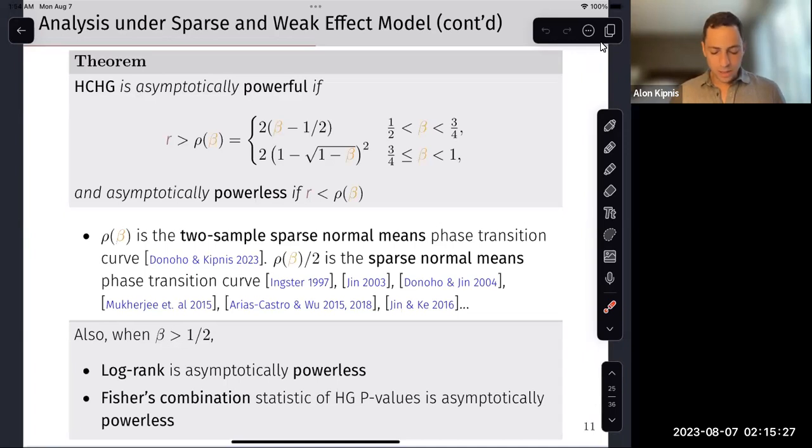With Fisher's combination statistic of hypergeometric p-values, this result tells you that the main innovation here is not that we introduced an exact test instead of the normal approximation, because even if we combine those statistics in a reasonable manner, we will still not get better power asymptotically. It tells you that really the main innovation here is the introduction of the higher criticism.